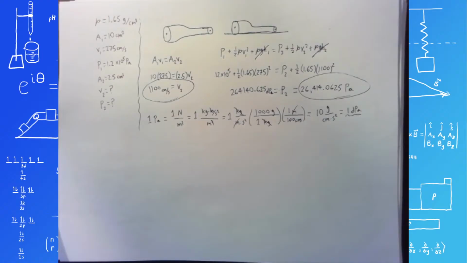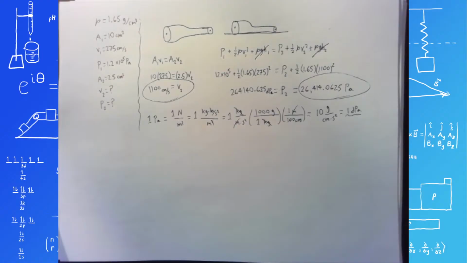The average flow speed of the air doubles through a constriction in the bronchus. Assuming incompressible flow, determine the pressure drop in the constriction.